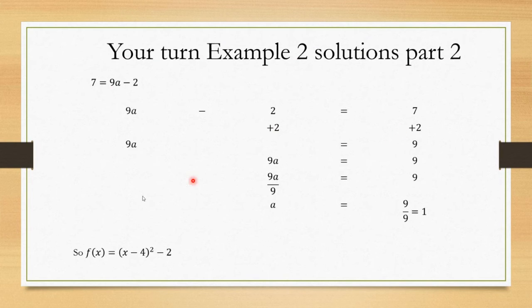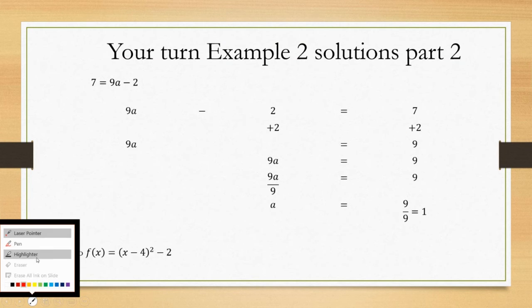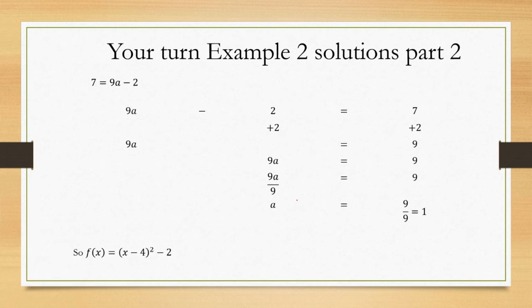Then we divide both sides by 9, and we get a equals 9 over 9, which is just 1. So we get a is 1.